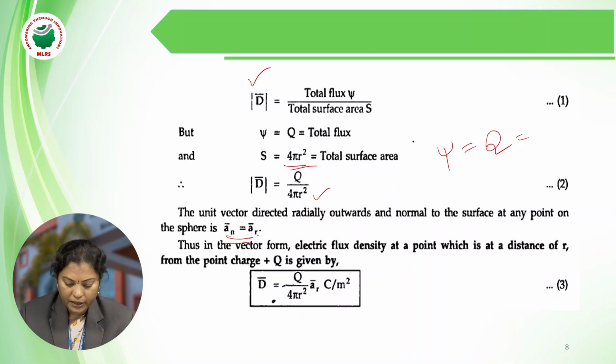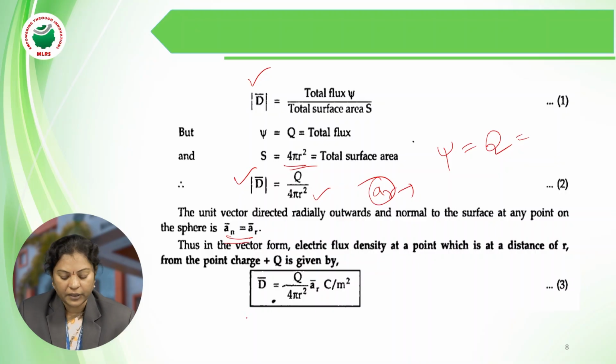At any point, a_n is a unit vector in the a_r direction. Here I am considering only magnitude. If we consider it as a vector quantity, then D is defined by Q by 4 pi r square into a_r coulomb per meter square. So this is the electric flux density due to a point charge.